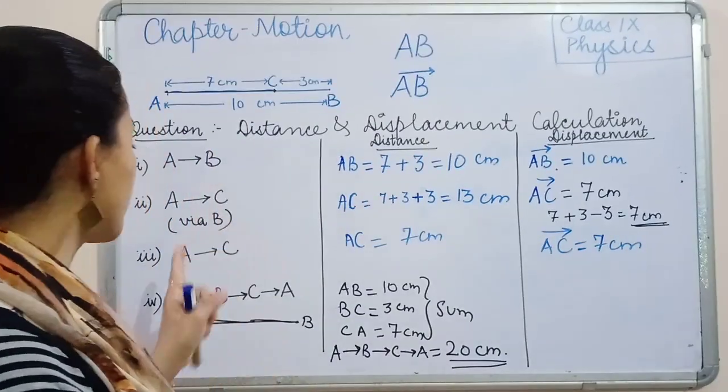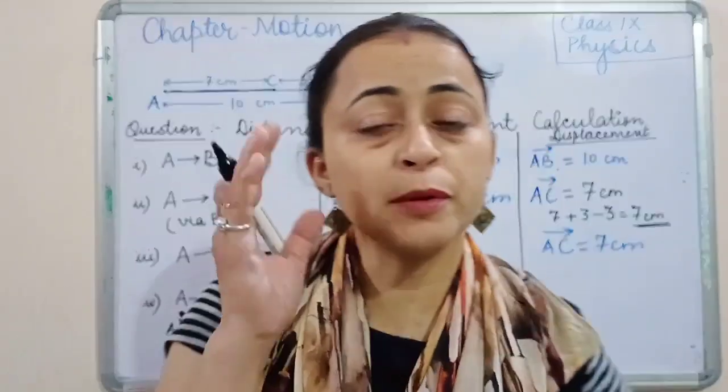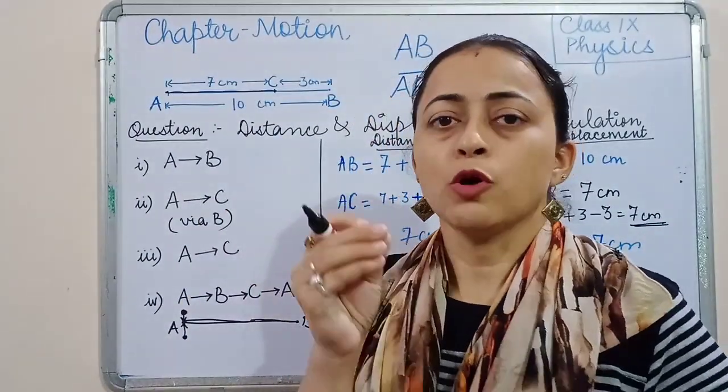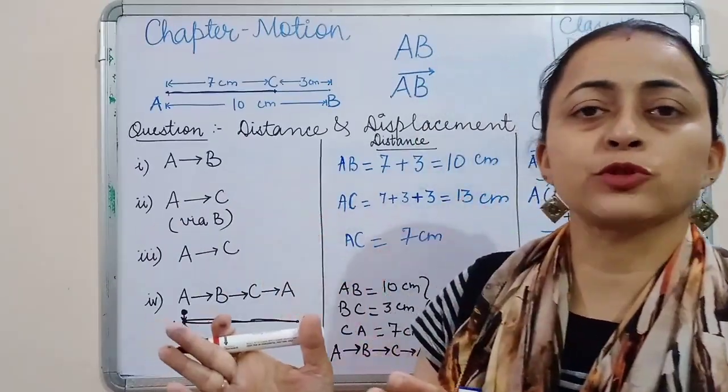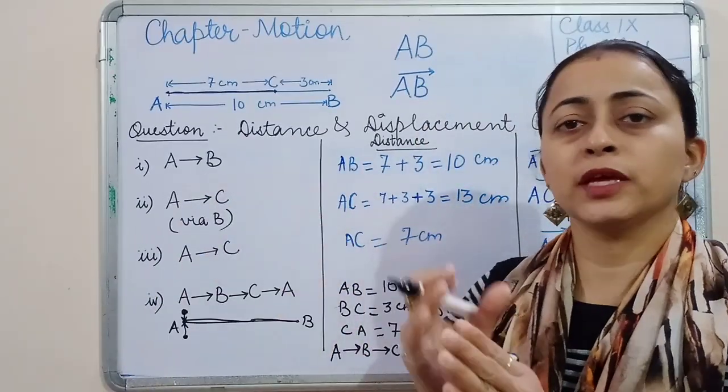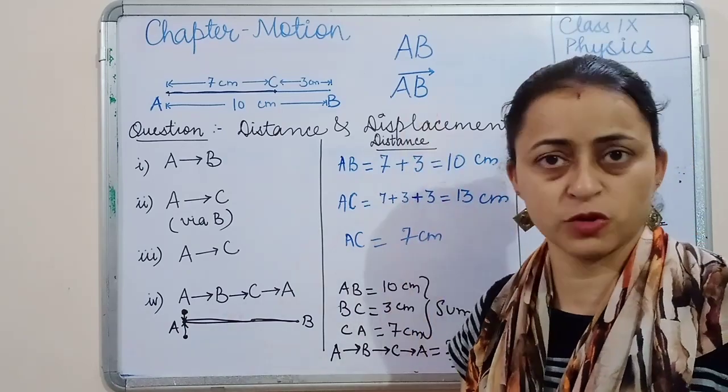While talking about displacement now, see, I just told you the shortest distance: the object's final position and where it started, if you join those two points directly, then that shortest distance becomes the displacement.